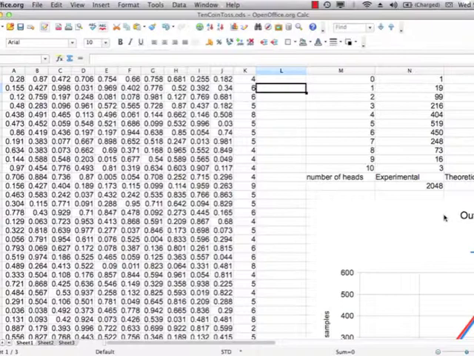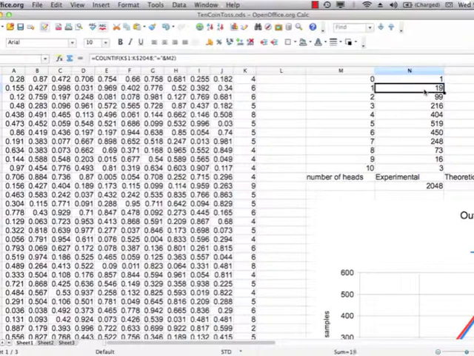And then I've got another COUNTIF function. Here I'm counting how many cells in row K have a 0. In other words, how many times did I come up with no heads whatsoever?